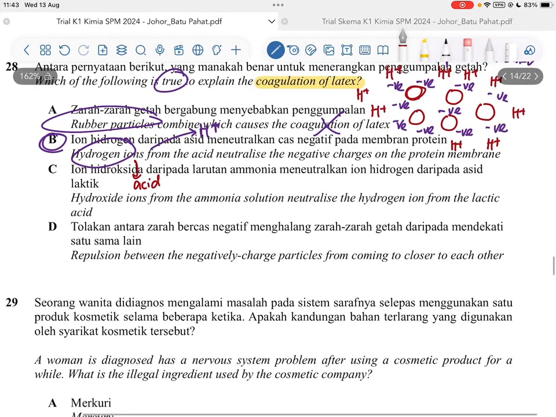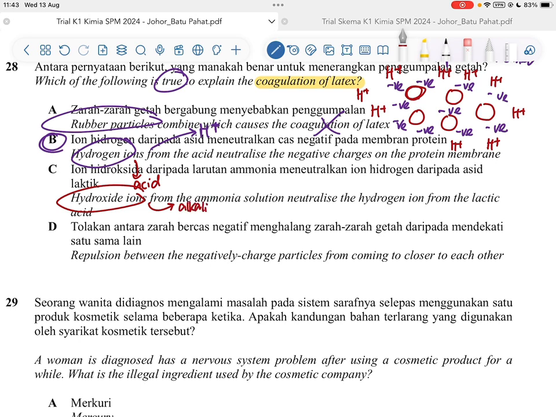Okay, C: hydroxide ions from the ammonia solution neutralize the hydrogen ions from the lactic acid. Hydroxide ion is from alkali or base, and the hydroxide ion is negative. When negative meets negative, they still repel each other. So there is no neutralization and the latex will not coagulate.